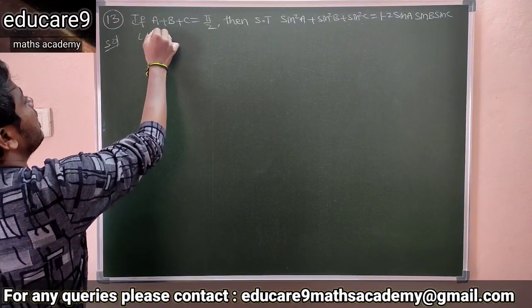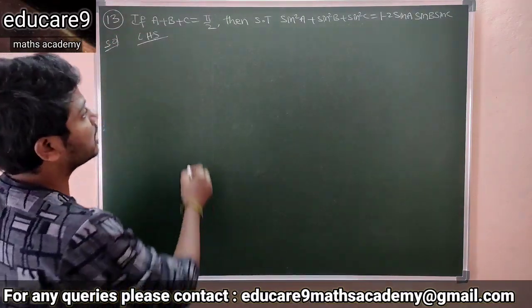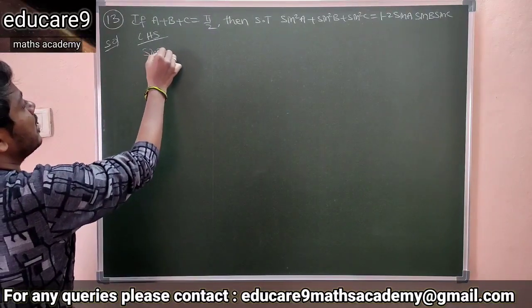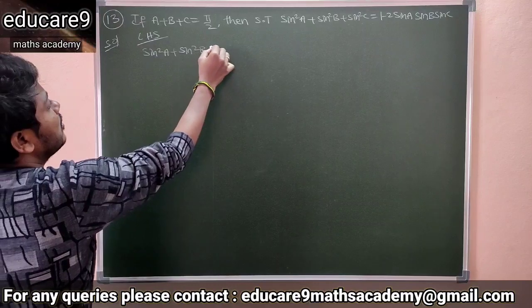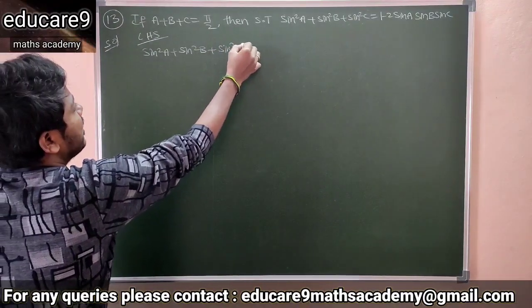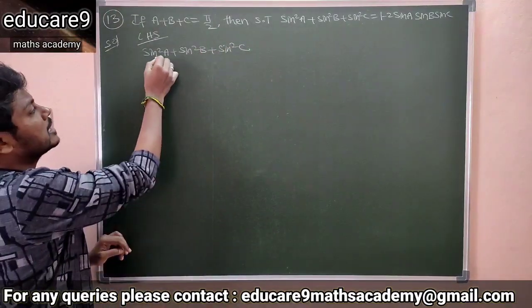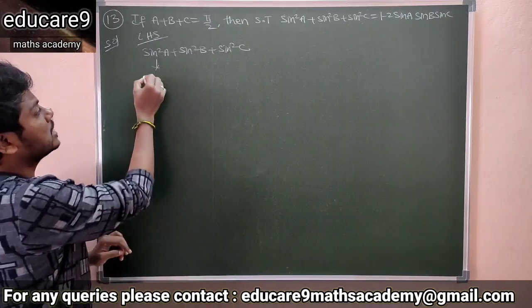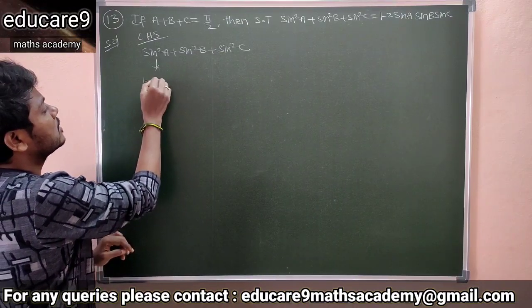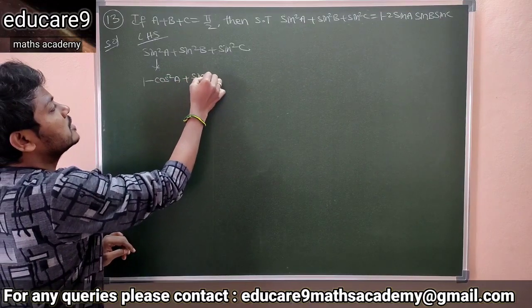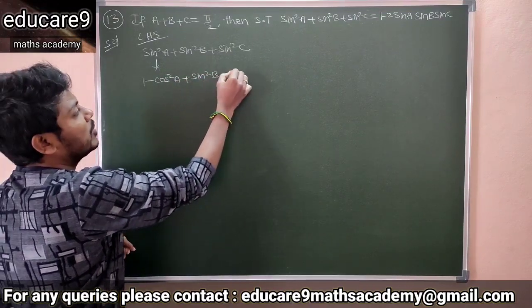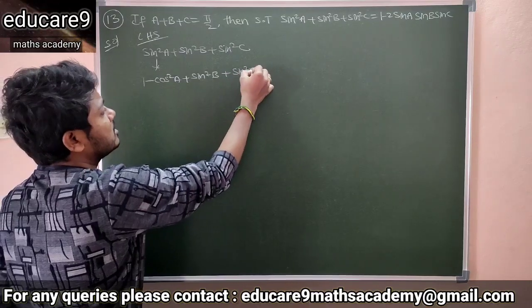First we consider the LHS value: sin square a plus sin square b plus sin square c. Sin square a can be written as 1 minus cos square a, plus sin square b plus sin square c.